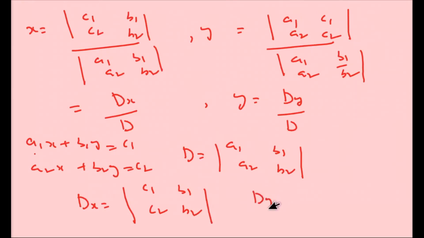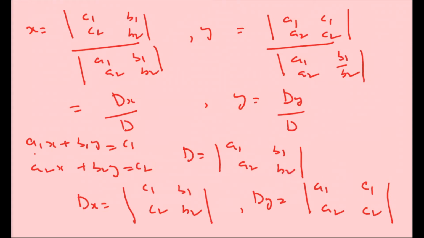And what is Dy? The y coefficients are replaced with the constants, so we get a1, a2 and c1, c2. You can check this. So this way we can find our formulas, x equal to Dx upon D and y equal to Dy upon D.